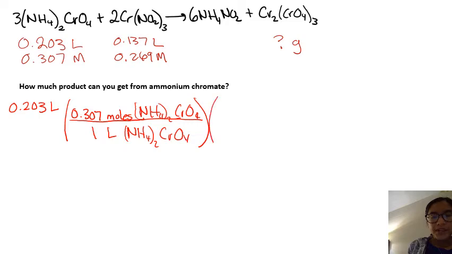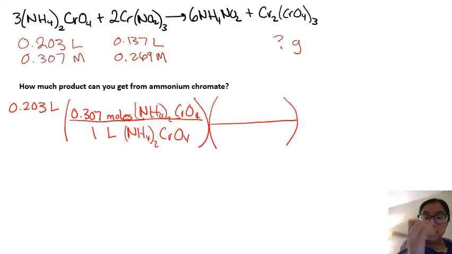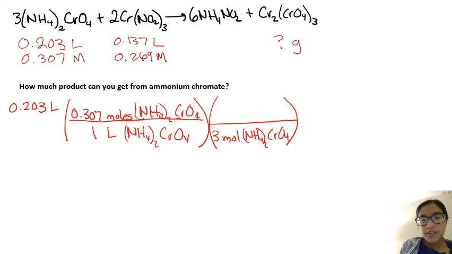Okay, now we're in moles, so we can use the stoichiometry of the balanced equation. So for every 3 moles of ammonium chromate, we produce 1 mole of our product.